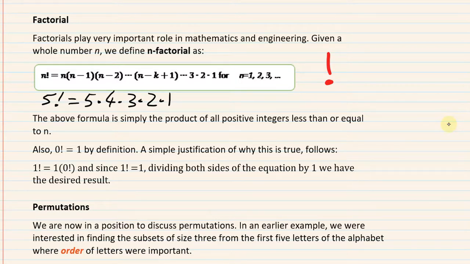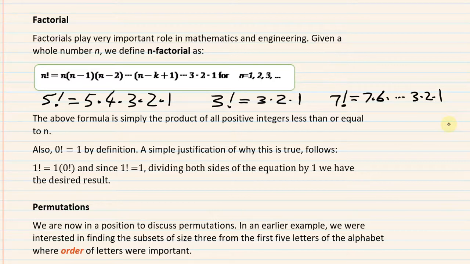That's what 5 factorial is, whatever the product is. When we say 3 factorial, that's 3 times 2 times 1. When we say 7 factorial, that's 7, 6, all the way to 3, 2, 1, always down to 1. So that's what factorials are.